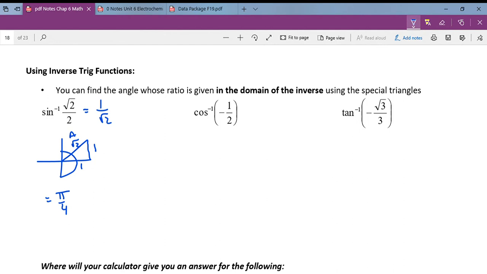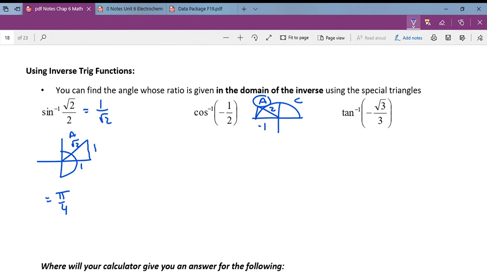So this one's asking me to give the answer for the inverse cos, so the restricted domain, when it's a negative value. So your two choices are here and here for cos. Since it's negative, you know that cos is negative in the second quadrant, so I'm going to put it here. Adjacent is 1, hypotenuse is 2, or x is 1, and r is 2.